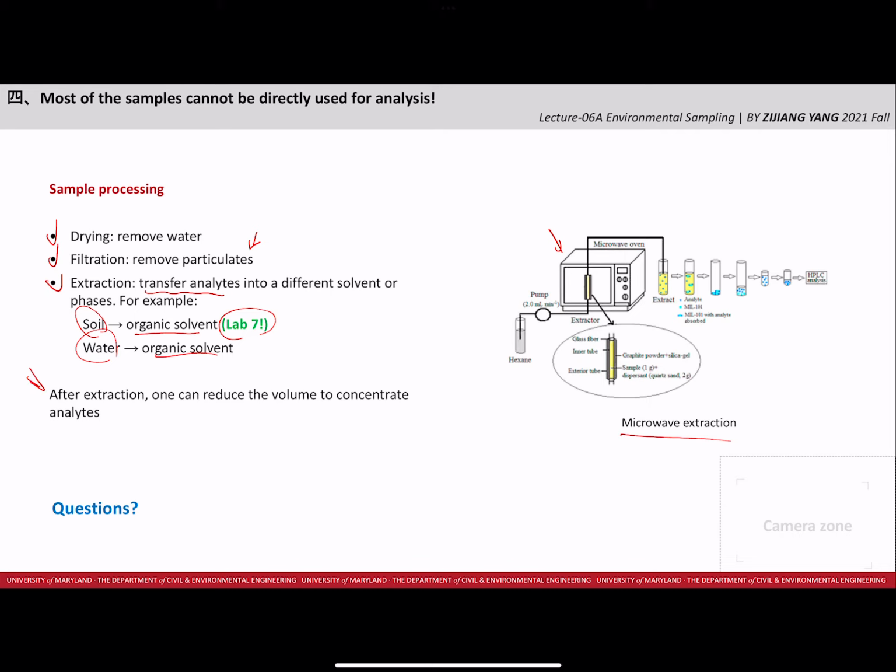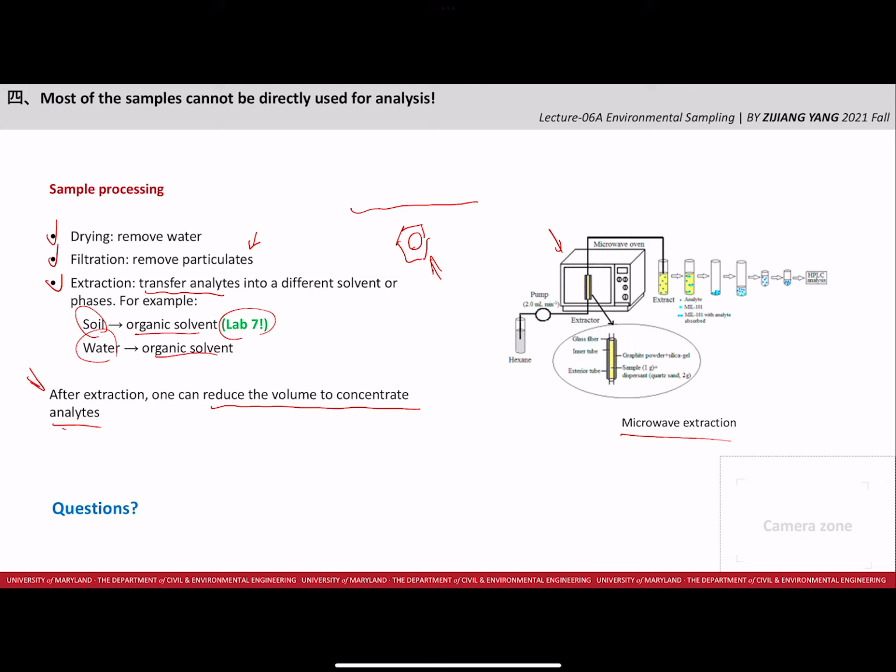And then after extraction, one can reduce the volume to concentrate the analytes, because usually in the environment, like in the water, we want to measure the concentration of benzene. We know from chemistry that the solubility of benzene is very small in the water because it is hydrophobic.